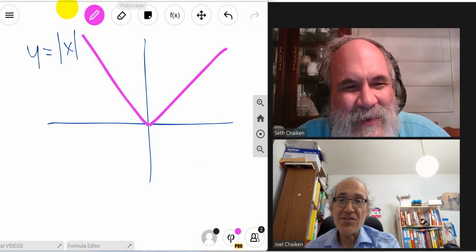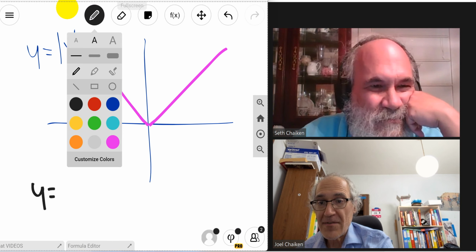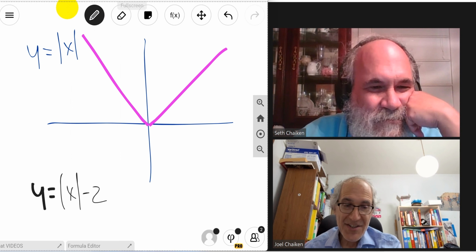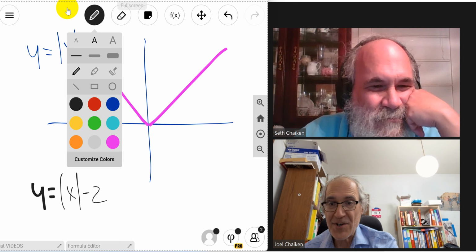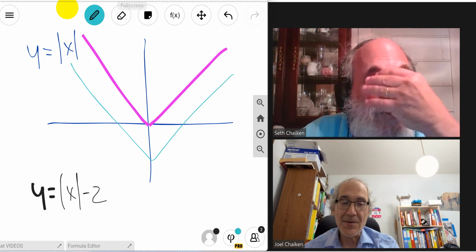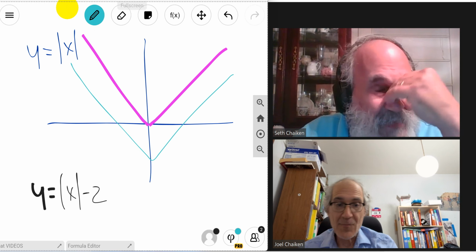And if you want to do y is equal to the absolute value of x minus 2, then because there's a minus 2 there, you take this parent function and you move it down 2 spaces. So you take the parent function and you transform it based on what's going on.